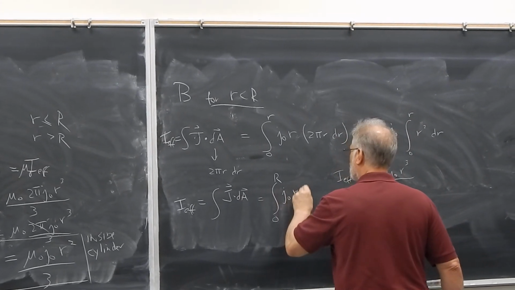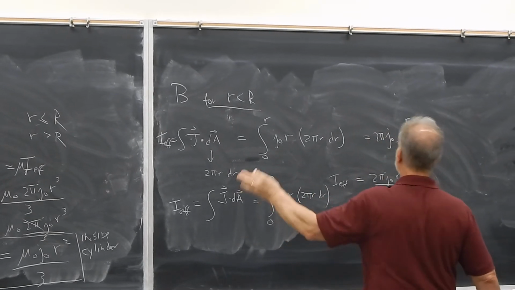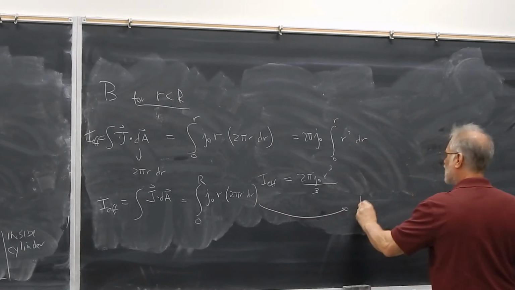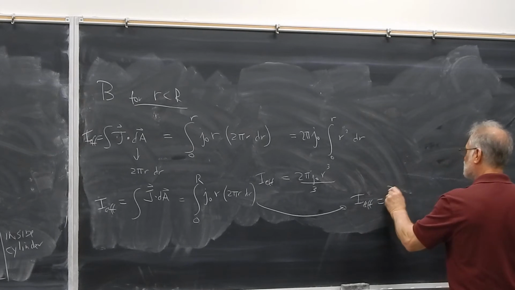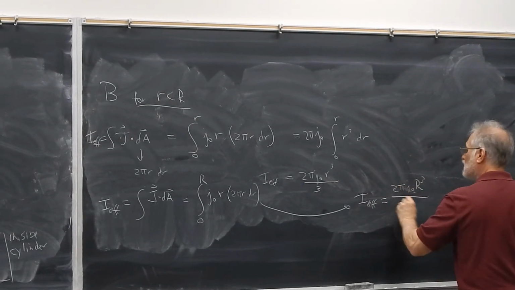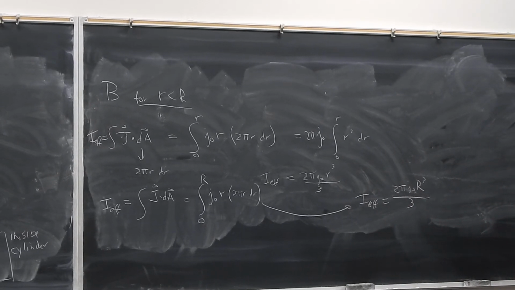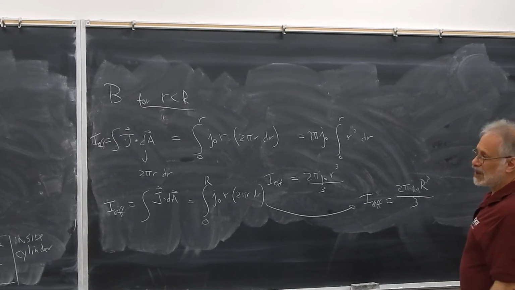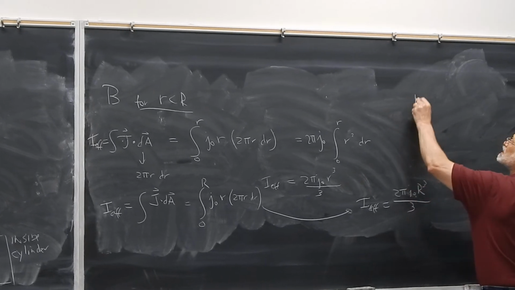So it would be J naught r, 2 pi r dr. And of course, the integral will be exactly the same, except my effective current is going to be 2 pi J naught capital R cubed rather than little r cubed. And that's the only difference. So that will give me the effective current for a point outside the cylinder. Now when I want to apply Ampere's law, same rule applies.